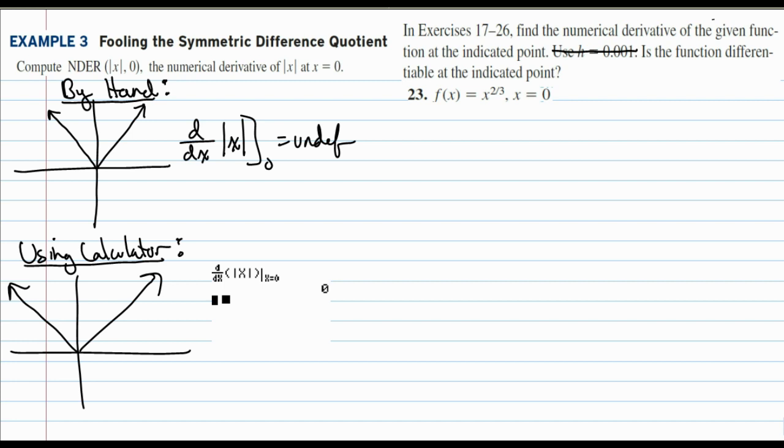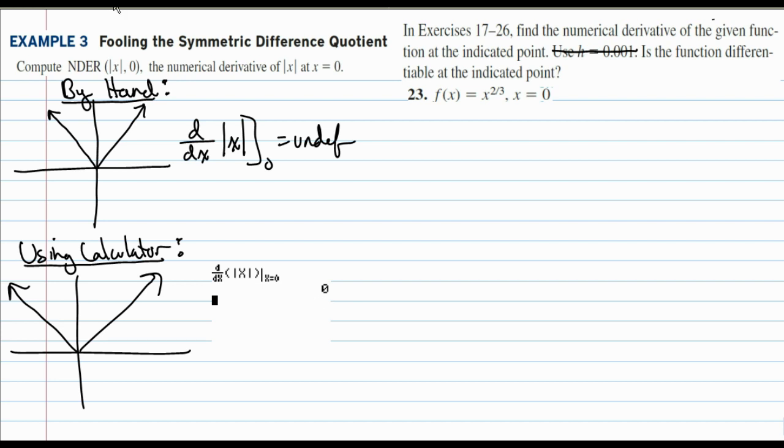However, if you go math 8 or math derive in your calculator and evaluate that at 0, your calculator comes out with the number 0. It does not say error. It does not say undefined. Be very careful of this.